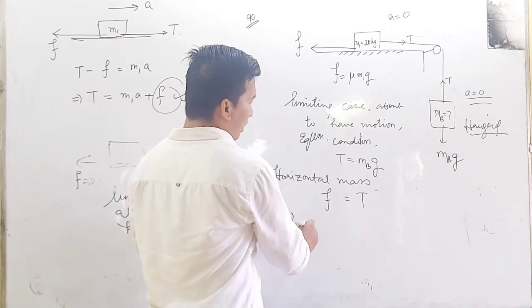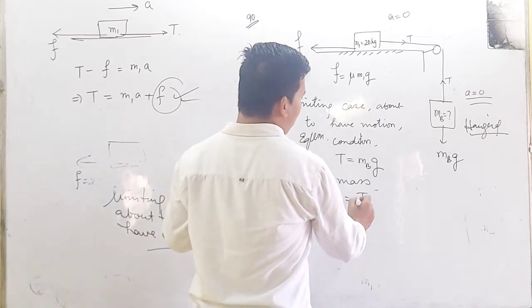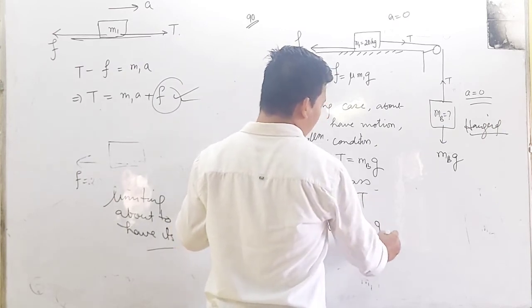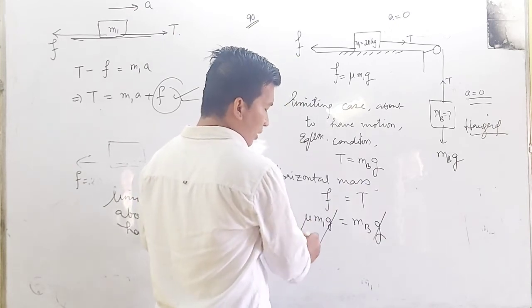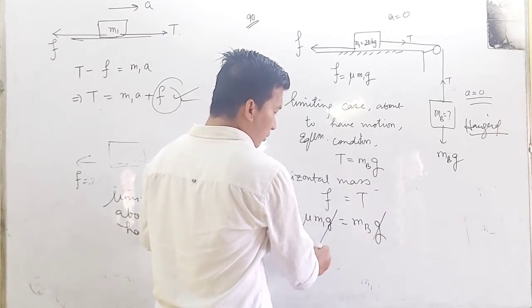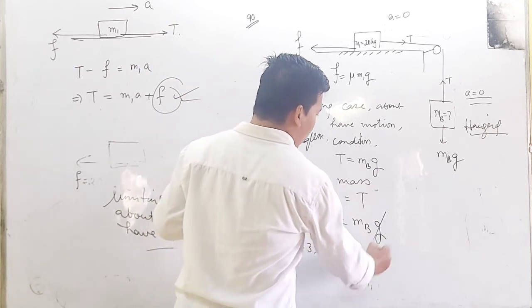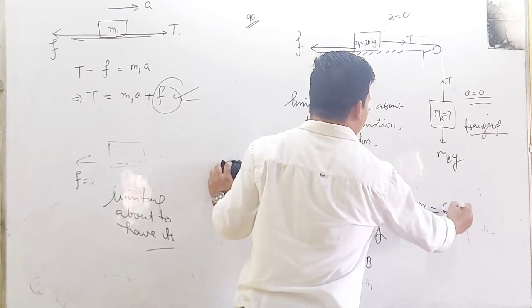So mu m1g is equal to tension, and T is equal to mBg. This gets cancelled out. Here this will be 0.3 into 20, and here mB will be equal to 6 kg.